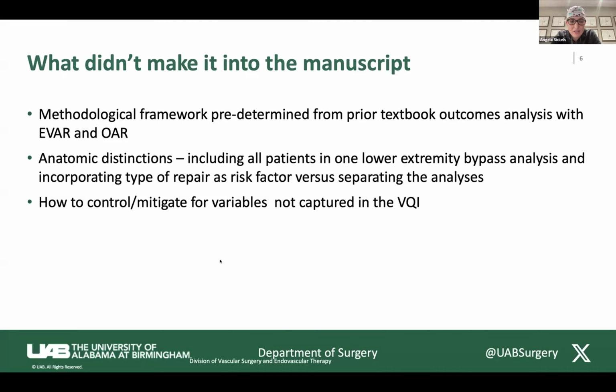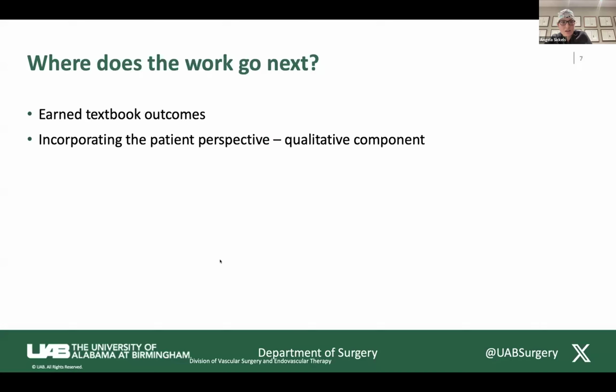And so I think that we have surrogates for being able to tell how healthy or how sick a patient is before they come into surgery, but ultimately there's so much more to each individual patient's profile that can affect how they do postoperatively that's not necessarily captured in the VQI.